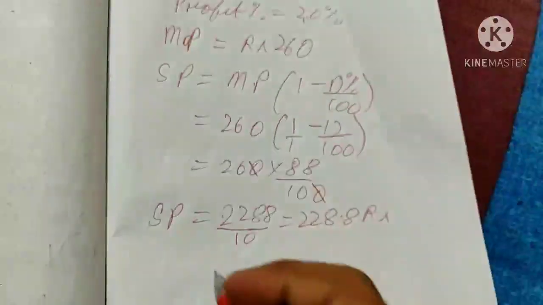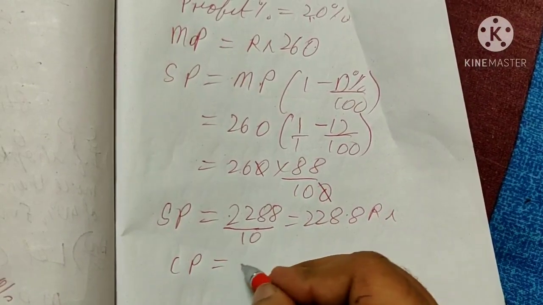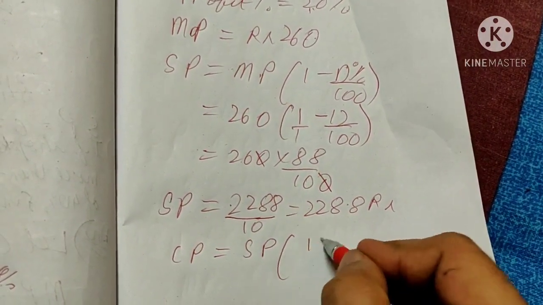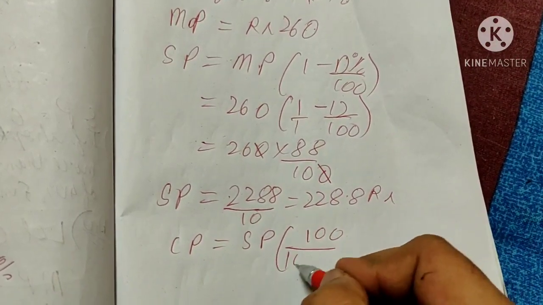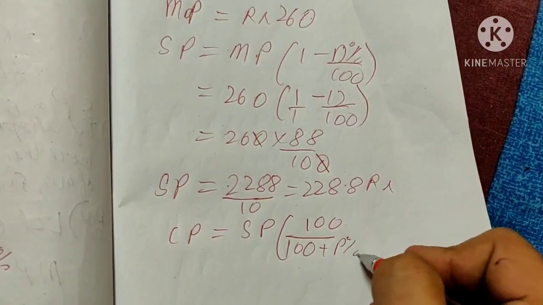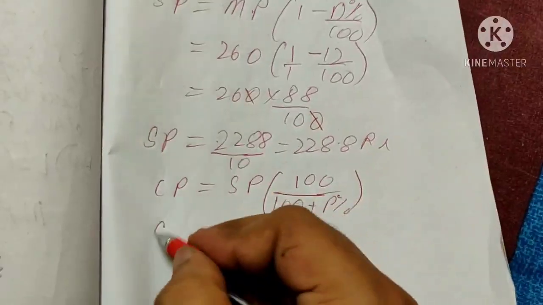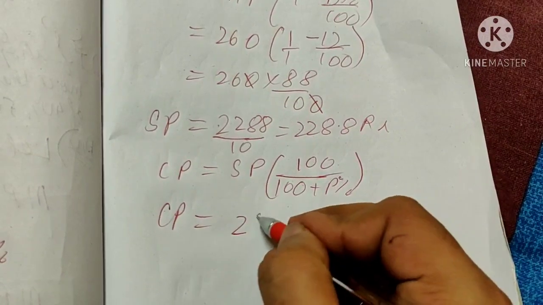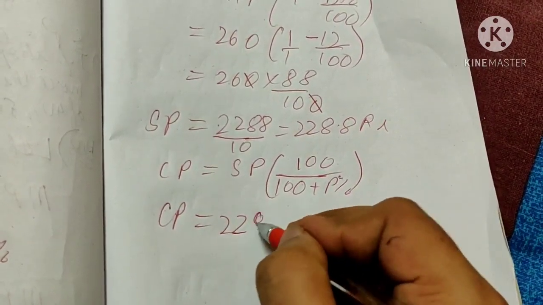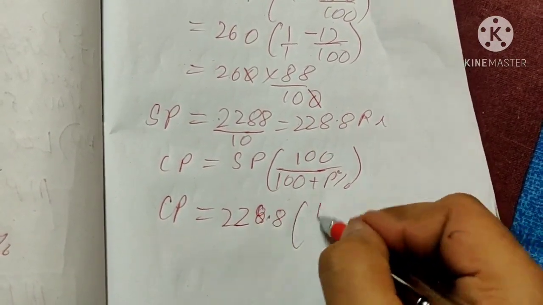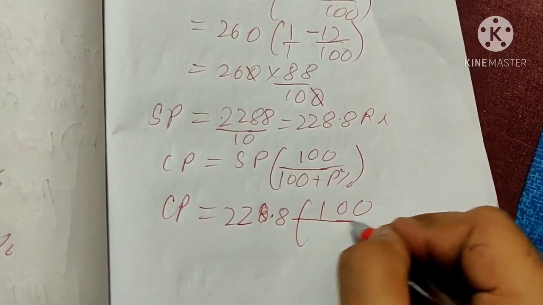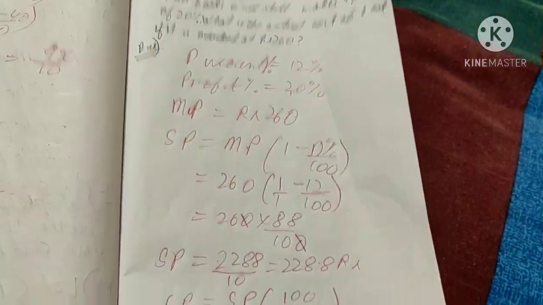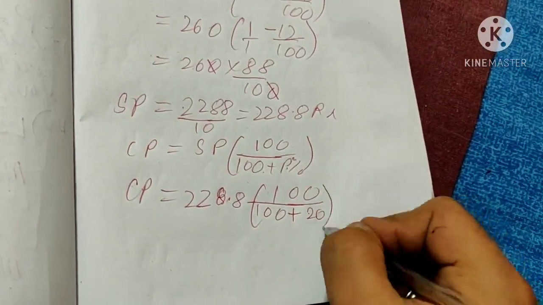Profit is given as 20%, so CP will be SP into 100 upon 100 plus P percent. So 228.8 into 100 upon 100 plus P percent, where P percent is 20%.